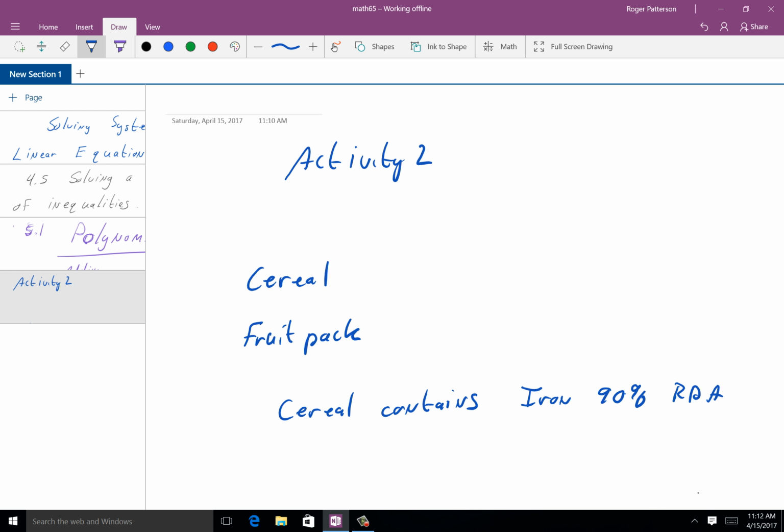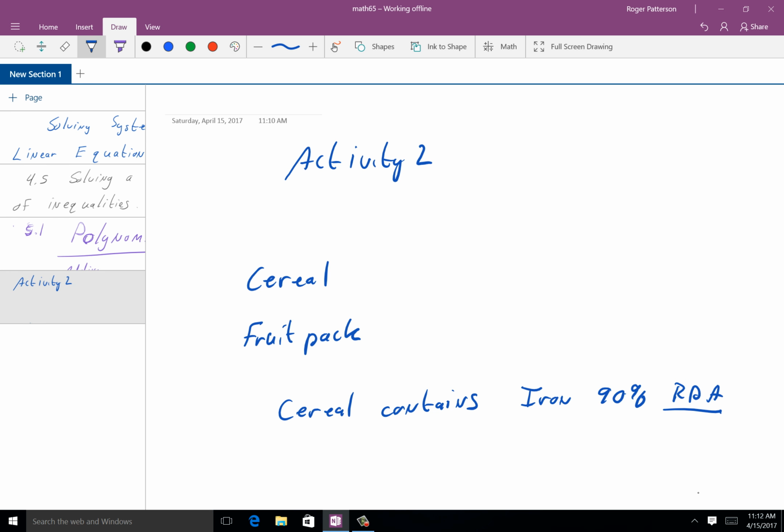Now, if you're a nutritionist, you understand that RDA stands for the recommended daily allowance of certain minerals, and of course you can exceed that. The cereal that they're going to give this person contains 90% of the iron that person needs. So the RDA is nothing to get excited about. It is just what the unit is.